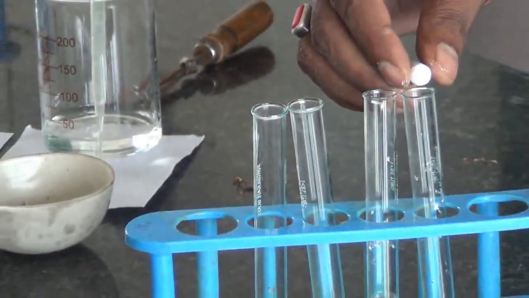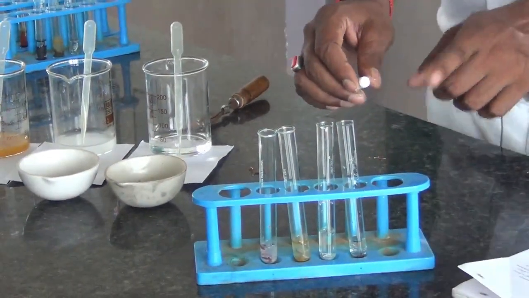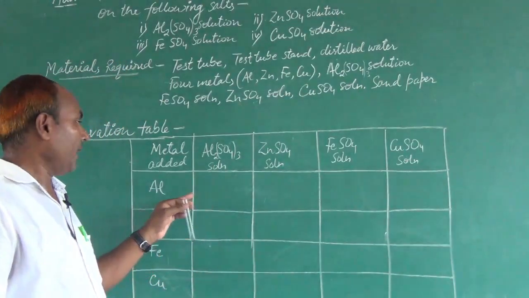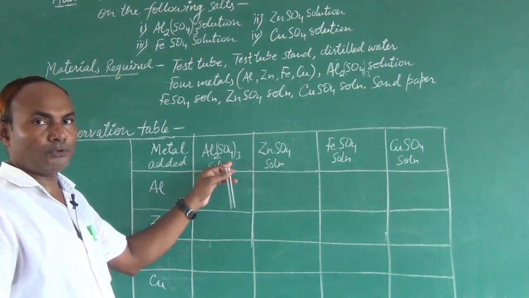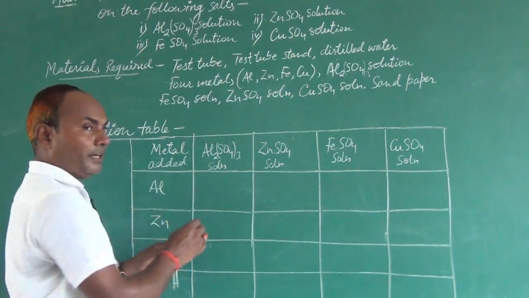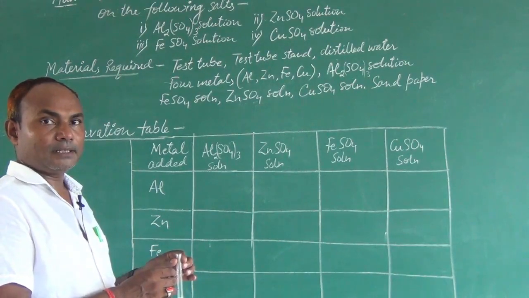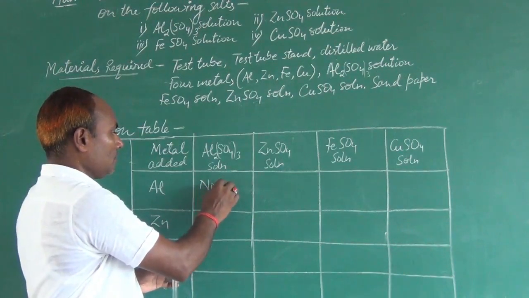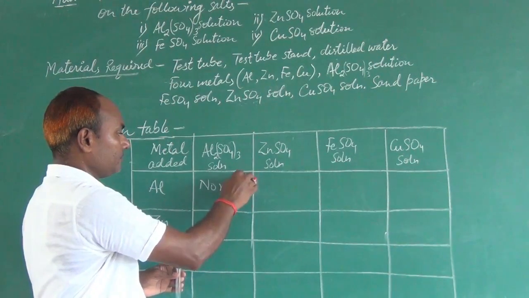So students, we have to write these observations in the observation table. So when we added aluminum metal in aluminum sulfate solution, there is no change in color of the salt solution, means no reaction, no reaction. Okay?